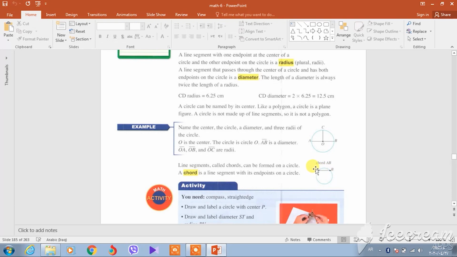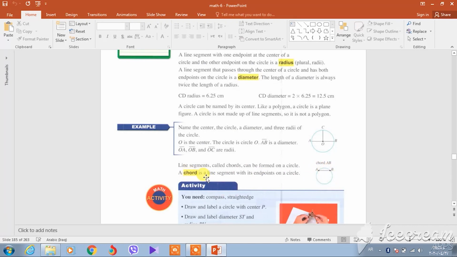A chord may pass through the center, but then it is also a diameter. If it does not pass through the center, it is just a chord, not a diameter, student.